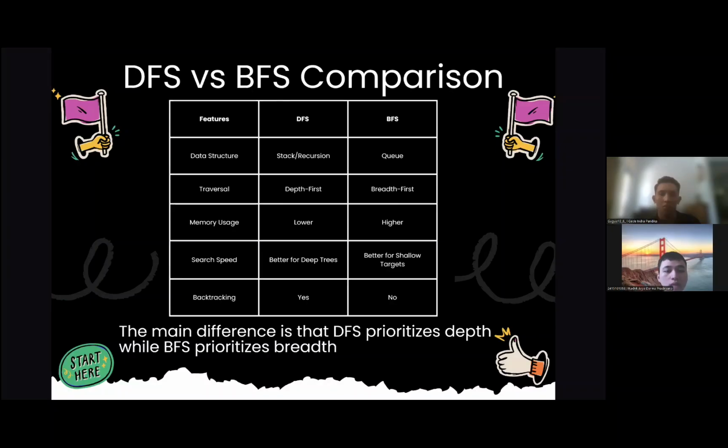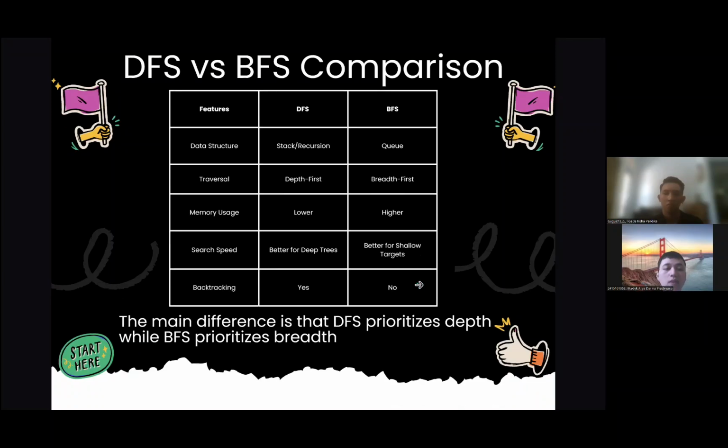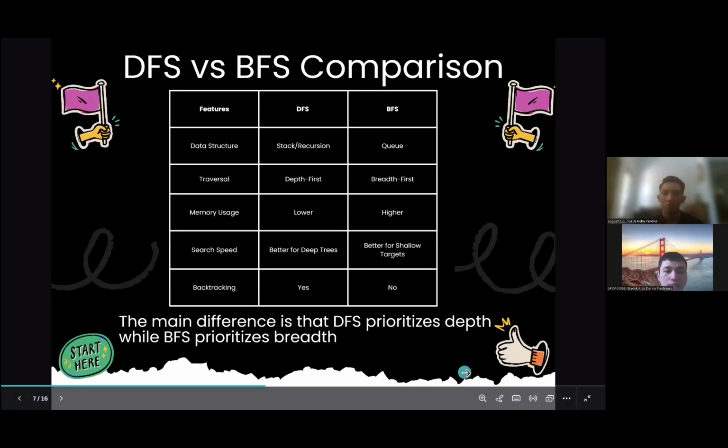For search speed, DFS is better for deep trees and BFS is better for shallow targets. For backtracking, DFS uses backtracking, but on the other hand, BFS doesn't use backtracking. The main difference is that DFS prioritizes depth while BFS prioritizes breadth. Okay, next.